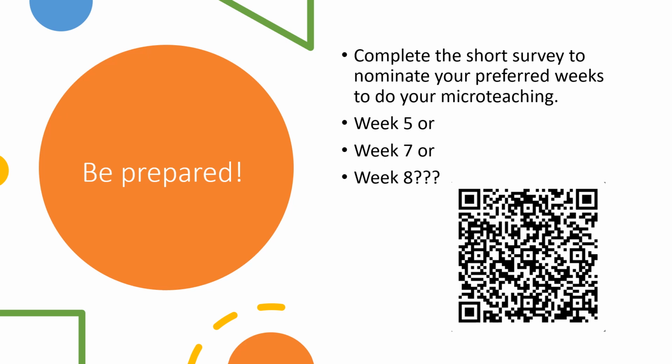So you'll be asked in the survey to nominate your order of preference, and then I'll be able to organise that and let you know as soon as possible which week you're actually going to be delivering your micro-teaching to your peers. So if you need to pause the PowerPoint recording and complete that survey, and then you can continue.